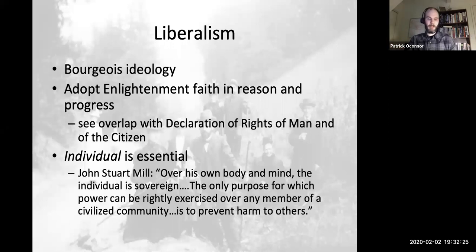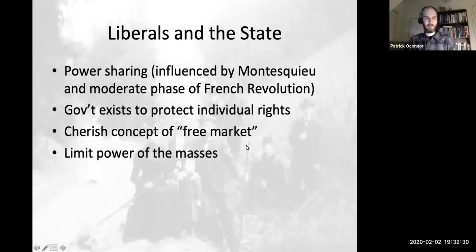Okay. Let's talk a little bit more about liberals and government, liberals and the state. So, like the revolutionaries of 1789, liberals believed the state could exist for the good of all. And again, let's go back to John Locke, Montesquieu, Diderot, all of those Enlightenment thinkers we talked about a couple weeks ago. This is their basic principle of the state. Government exists to serve the people, the masses. Any government that attempts to preserve special privileges for the few is infringing on the rights of the rest.